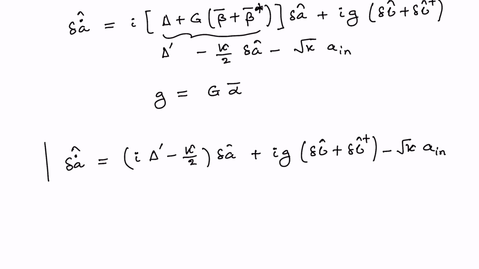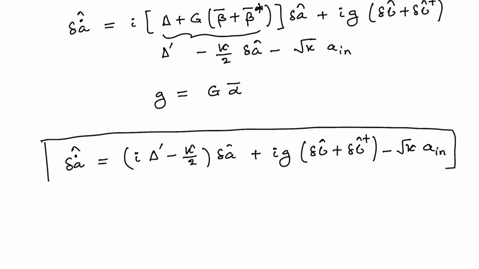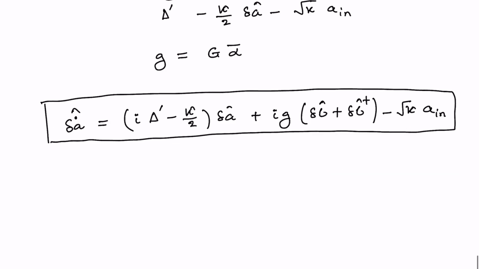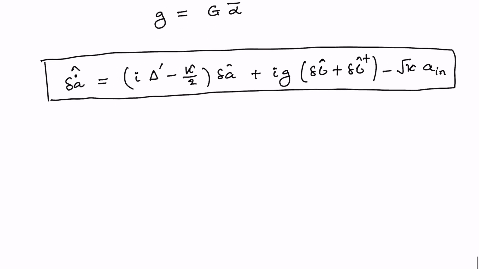So this is the equation I obtained for quantum fluctuation of the optical mode. Similarly, from the phonon mode equation, we can obtain delta beta. Let me write similarly.